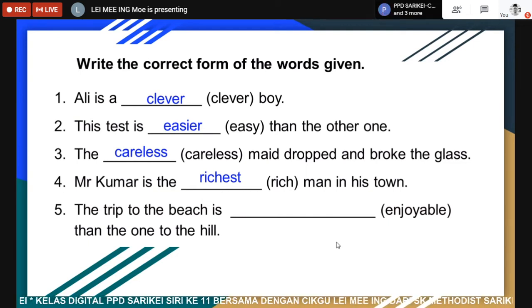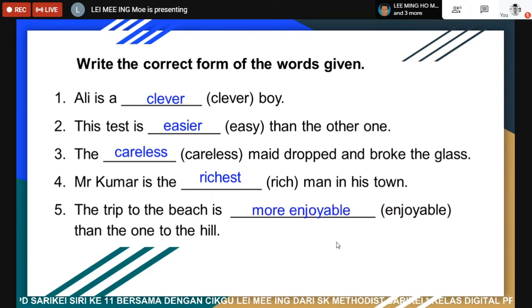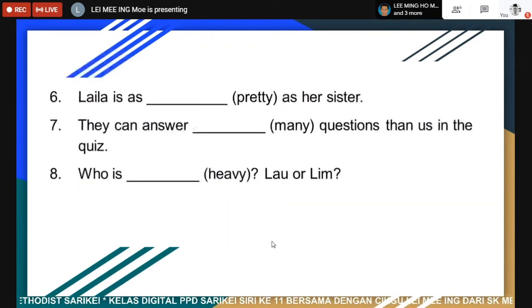Some of you typed the superlative form, some the comparative form. So the answer is more enjoyable. It's a comparative since we have then here. Alright, please take note. We have then behind our blank, so it is a comparative. Enjoyable has more than 2 syllables, so we follow rule number 5. We move on to question number 6.